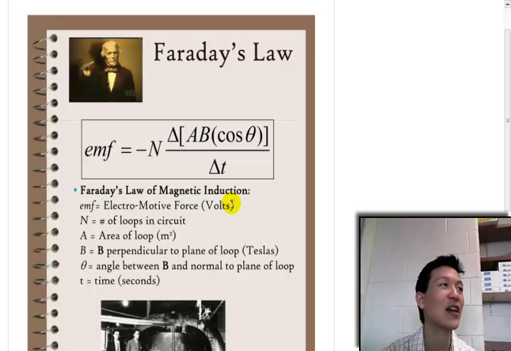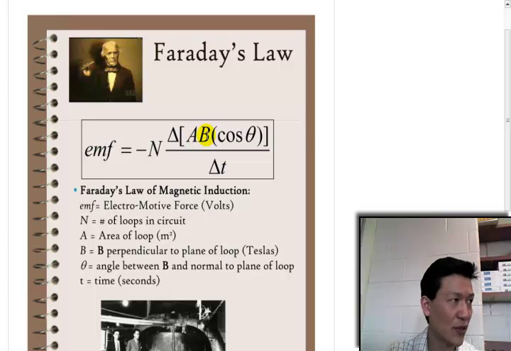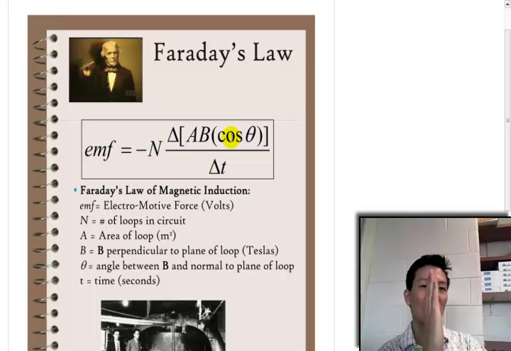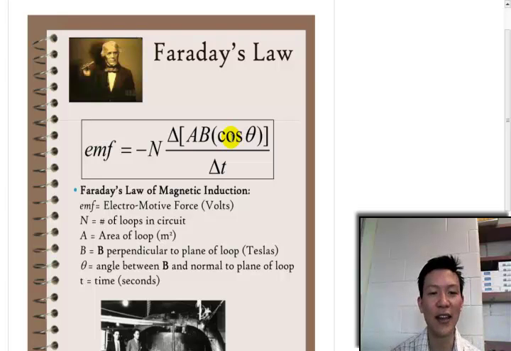You can give voltage to a coil, which is energy per charge, an energy density to move it. And it's proportional to the number of loops, that's what N stands for, times the area of the loop, the strength of the magnetic field, and the cosine of the angle perpendicular to that coil. In our case, we're not going to worry about weird angles, but in real life you would have to calculate depending on the angle. We're always going to keep it 0 degrees perpendicular, so you maximize the strength, and then divided by the time of change.